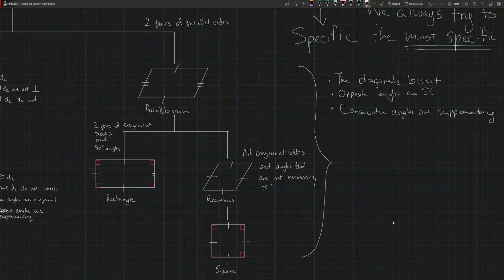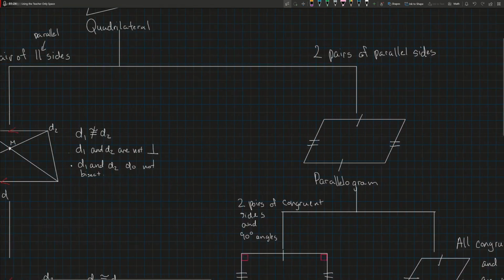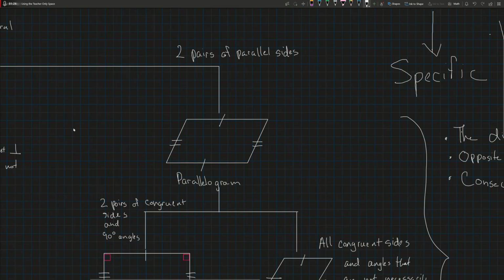So what this means is if I look at this parallelogram and look at these two angles, these two angles are called consecutive because they come one right after the other.